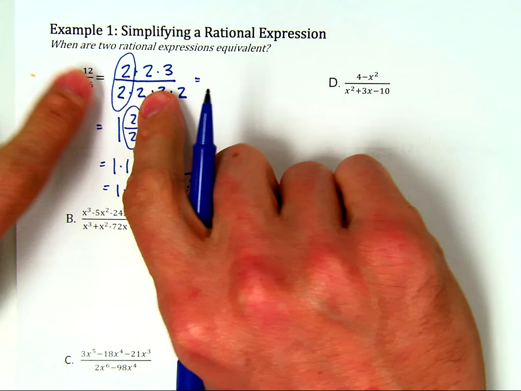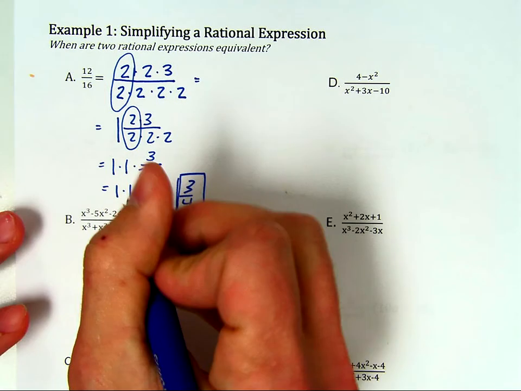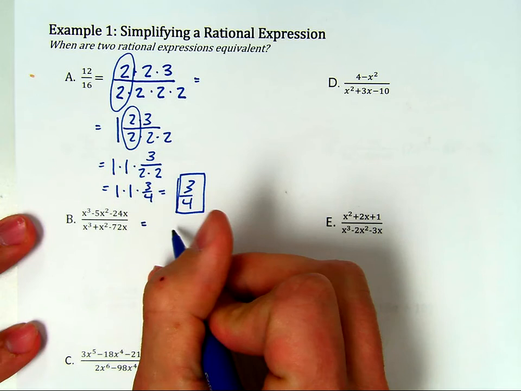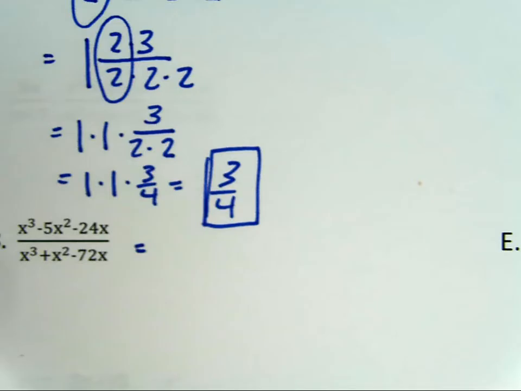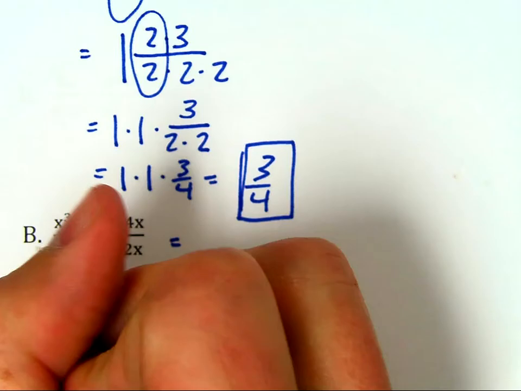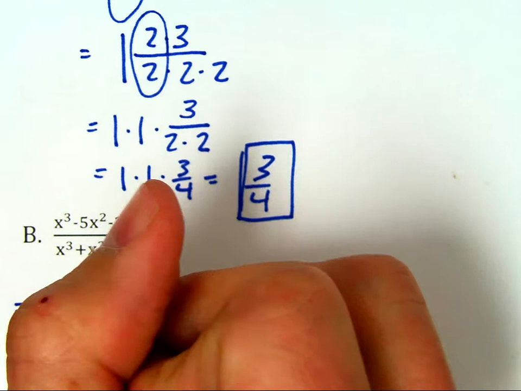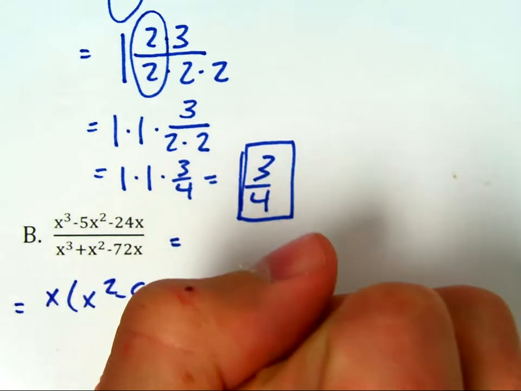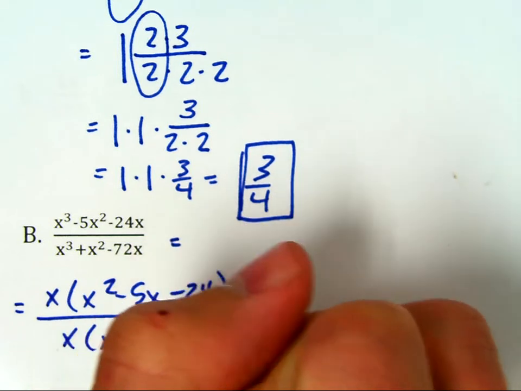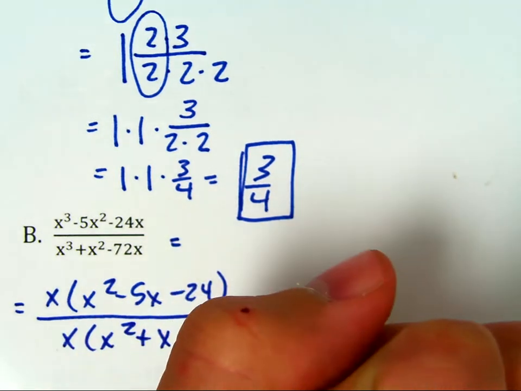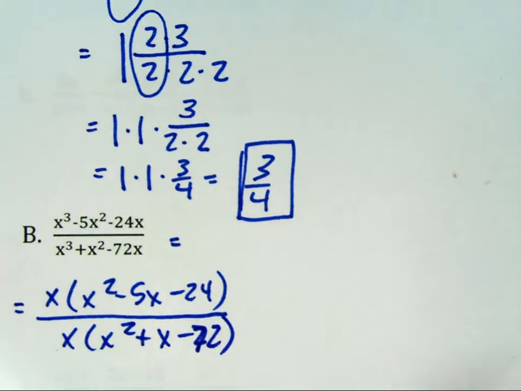So what we want to do first and foremost is factor as much as we can. So for problem B, I'm going to first look for our greatest common factor. First I'm going to take out an x of both the numerator and the denominator. They both had a GCF of x, so I take it out.